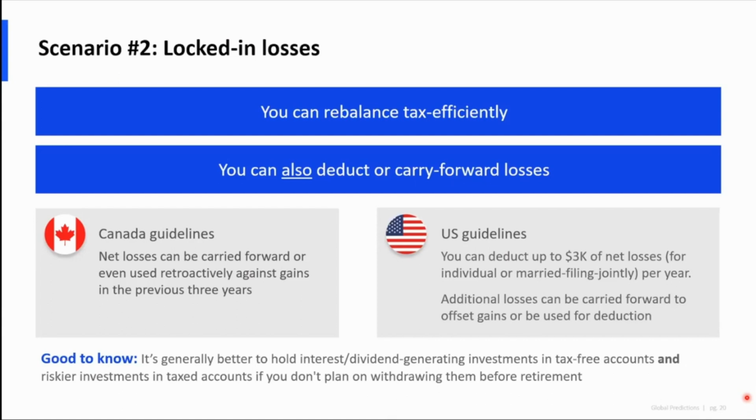And in both countries, you can also carry these forward indefinitely. So as long as you keep track of them and do the paperwork, come next year, if you have gains, you'll have sort of pre-harvested those gains. And if you're in the US, for instance, you can just keep deducting up to $3,000 until they change the rules.